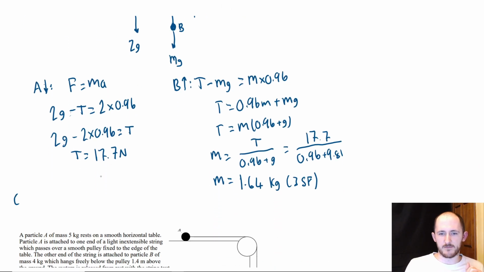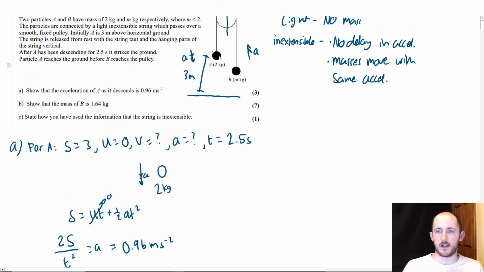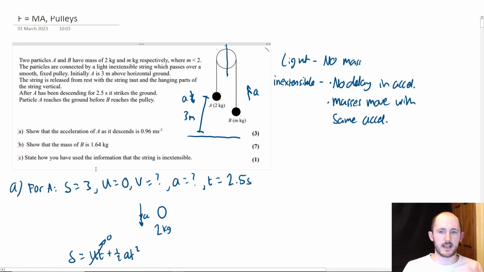For part C, and this is very common for mechanics questions, especially when we have diagrams and things like that, it will say, how have you used the information? What assumption have you used? How can we make it more accurate? That's the kind of thing they look for. So say how you've used the information that the string is inextensible. As you mentioned before, masses move with the same acceleration.